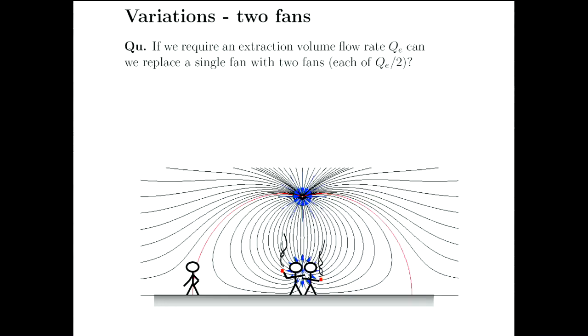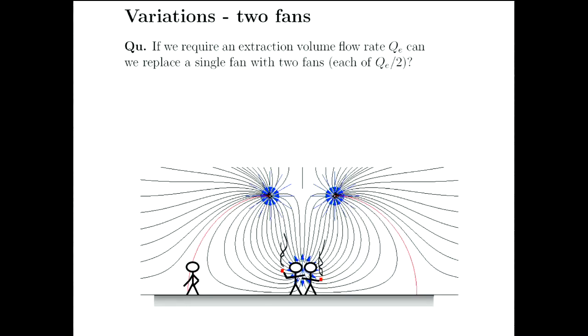Okay. One variation of this question is that we can ask you, what if instead of having just one exhaust fan, we have two separate exhaust fans with half the strength? Will that be more efficient? Right? So that's another question which we could potentially ask as well.